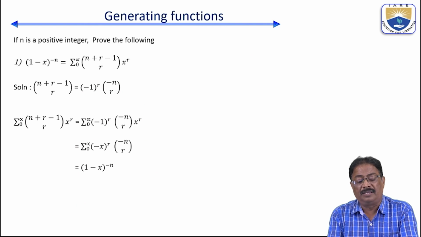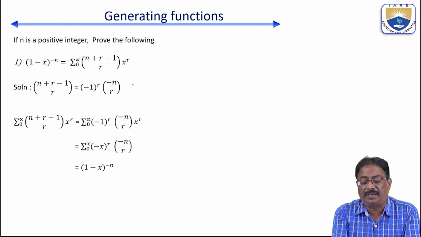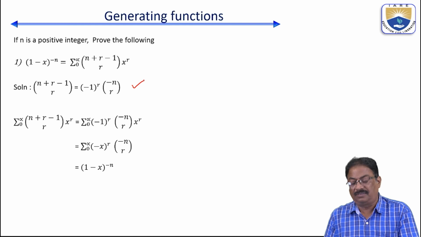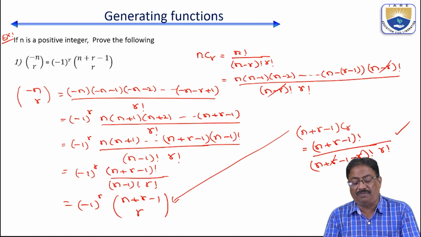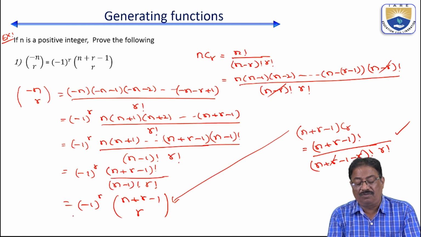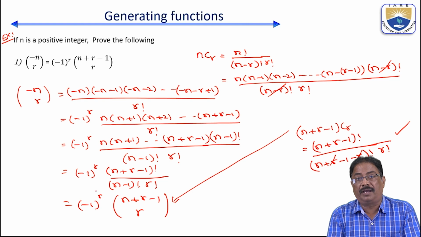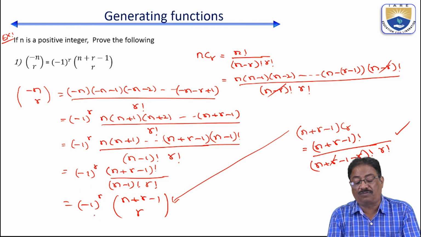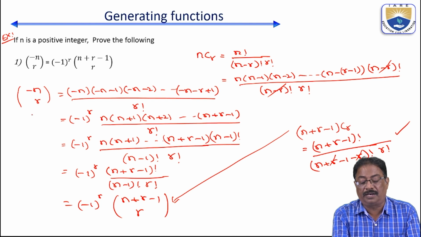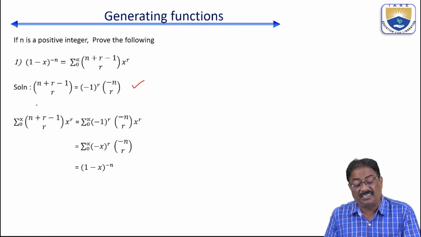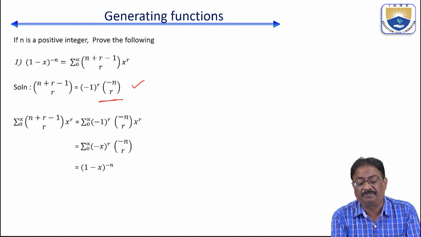So I am going to get a plus, and then the same minus nCr that we wrote here.